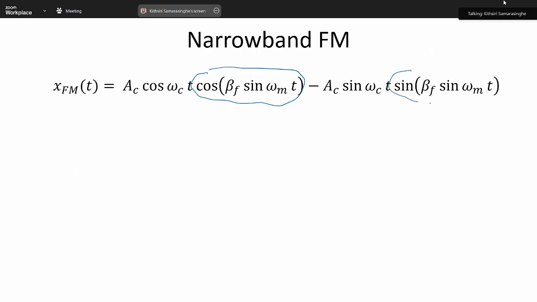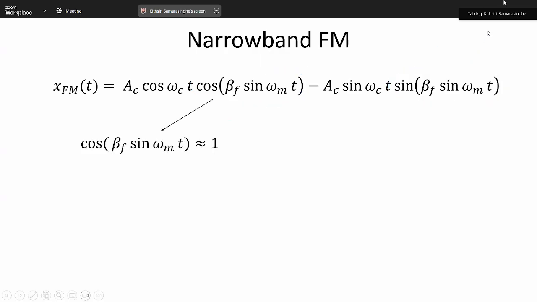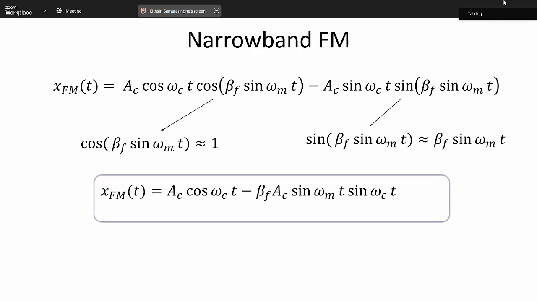Sine of a very low value, sine theta, we can approximate to theta radians. So let us approximate this term to 1, and the sine of a very low value to the radian value. Then rewrite, we get this formula.